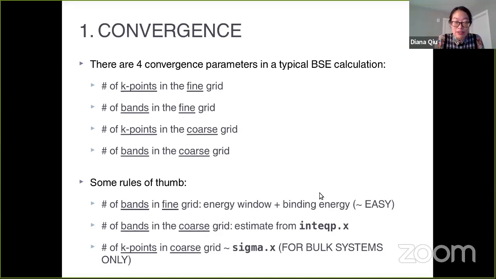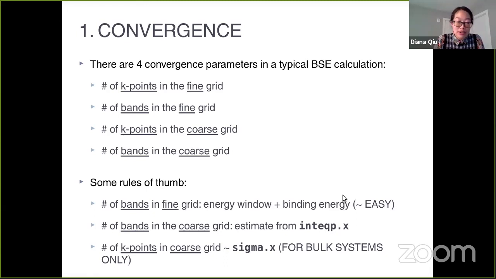Here are just some rules of thumb for this convergence. Generally, the number of bands on the fine grid is going to correspond to the energy window of interest plus the exciton binding energy. For instance, if you're interested in the optical absorption spectrum up to 3 electron volts, then you need to include all of the bands in your band structure that involve transitions up to 3 electron volts.